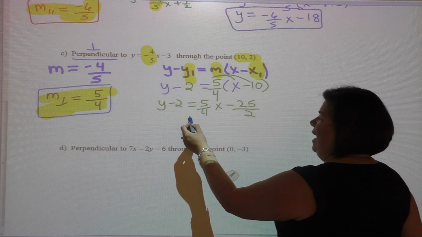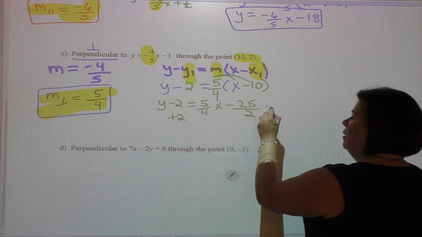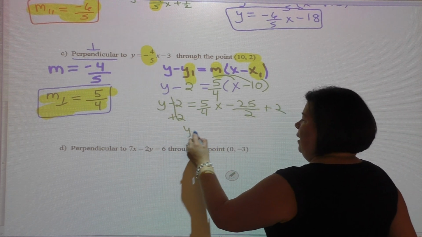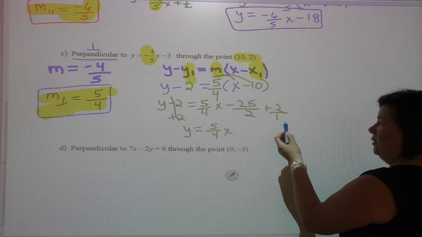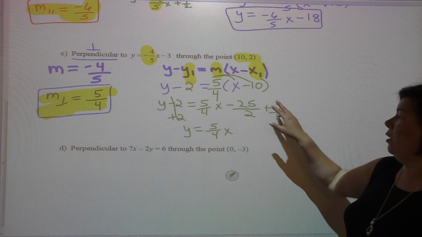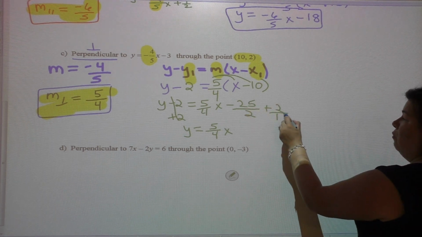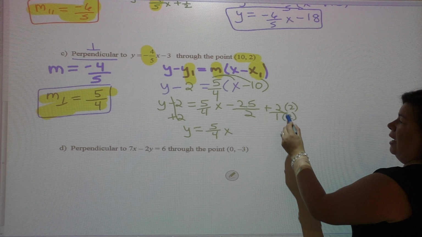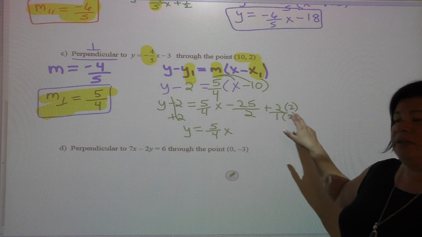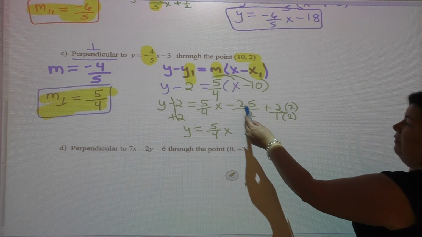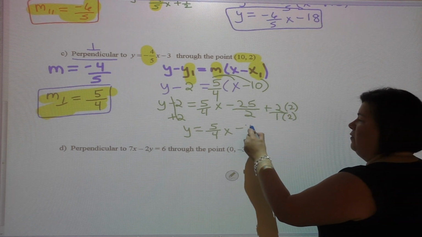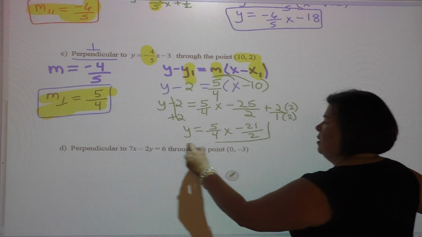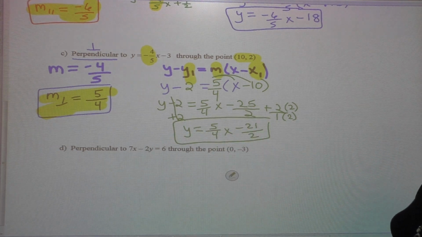If I add 2 to both sides, I'm going to get y equals 5/4 x plus 2/1 on -25/2. Really, your least common denominator ends up being 2. So I have -25/2 plus 4/2, which is -21/2. So here's our new equation.